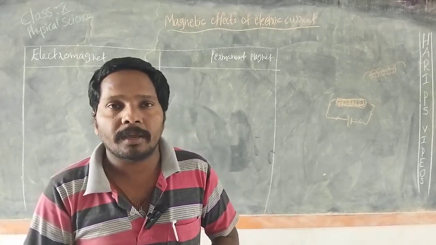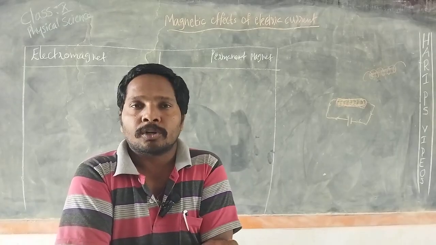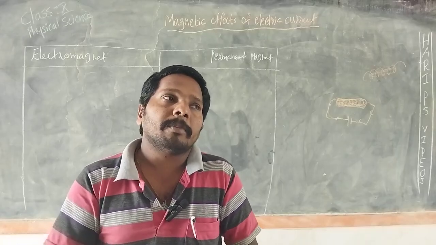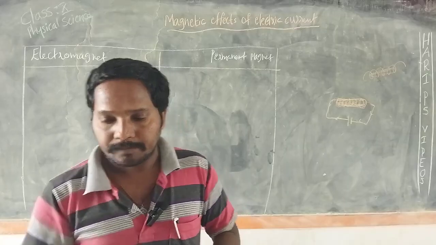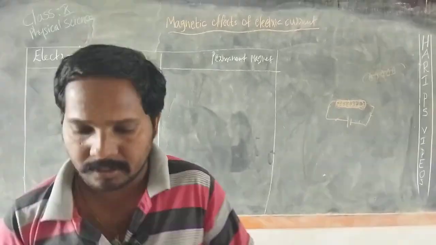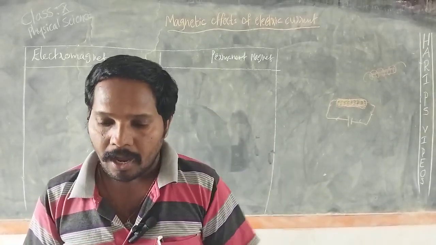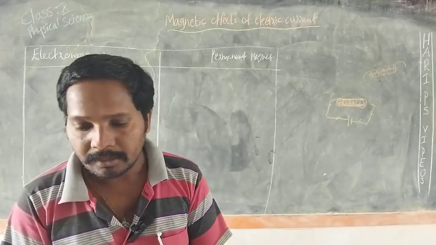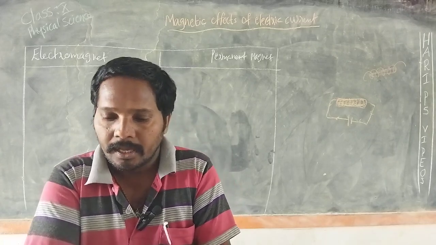That's why we use soft iron for making electromagnets. If we use steel, it does not lose all its magnetism when the current is stopped and becomes a permanent magnet. That's why steel is not used for making electromagnets.